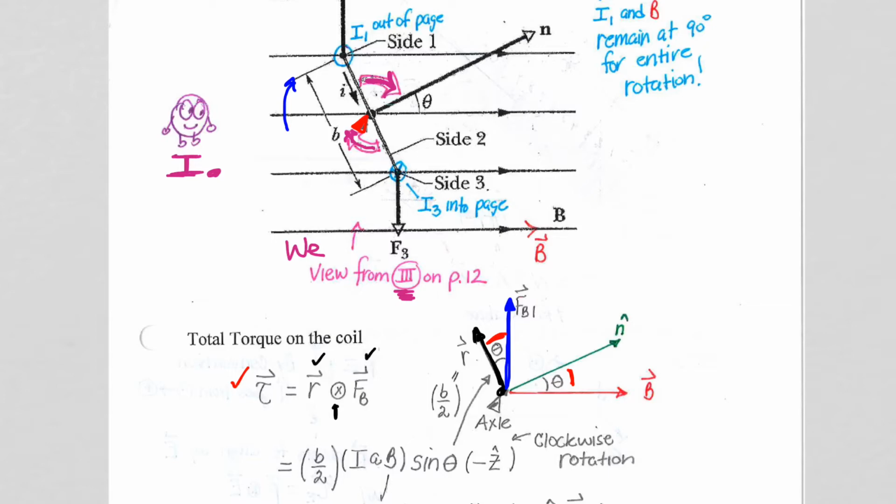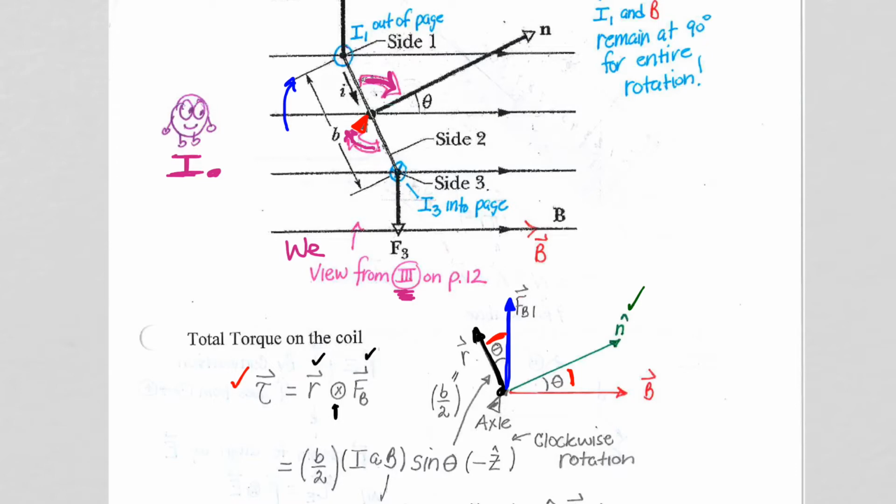So we can look at the geometry and see that the n hat vector and the B vector are going to make the same angle theta. So we'll get to that in a moment as well.